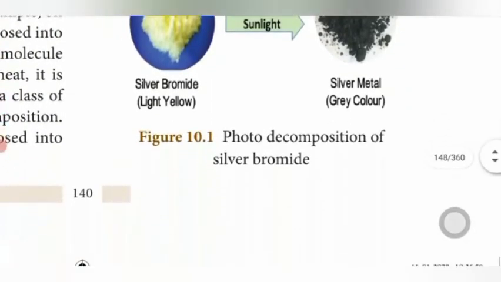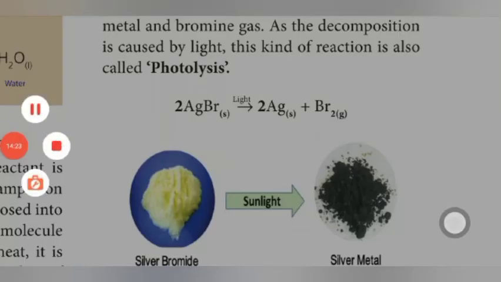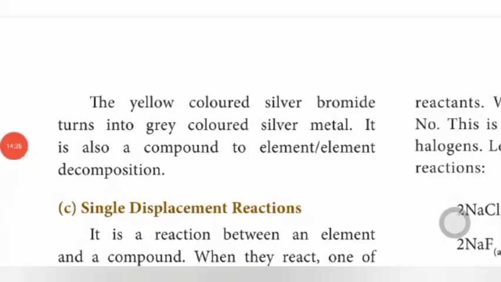This is what type of reaction? Compound to element decomposition reaction. The yellow colored silver bromide turns into gray colored silver metal. It is also a compound to element decomposition reaction. Photo decomposition means using light energy.